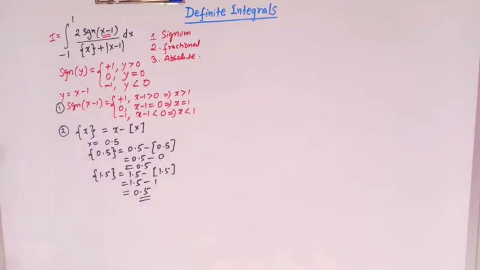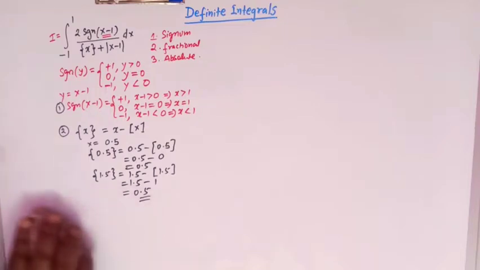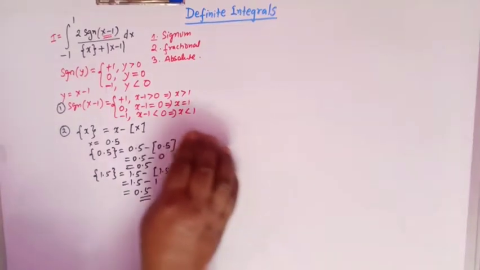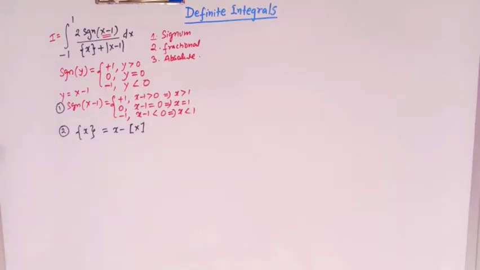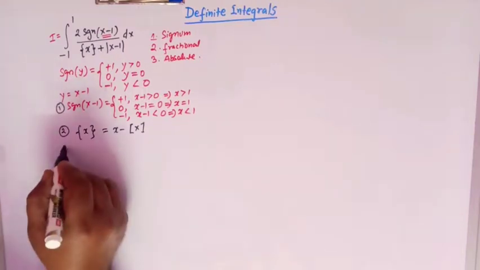So this is how we calculate the value of the fractional part function. The third function is our absolute value function.